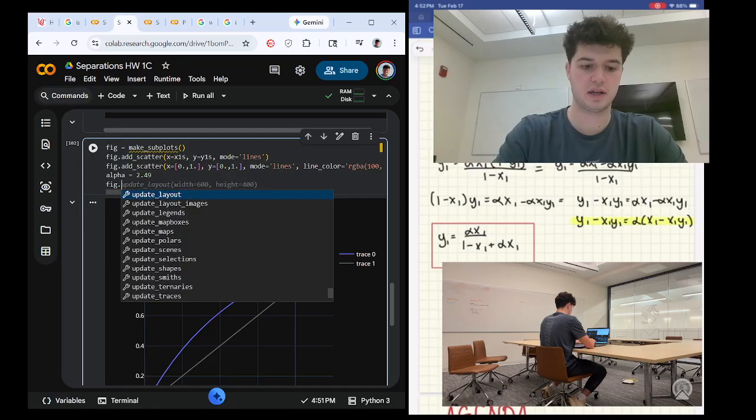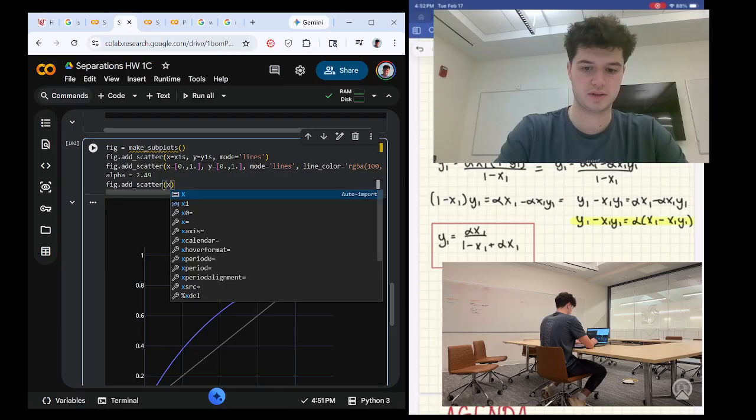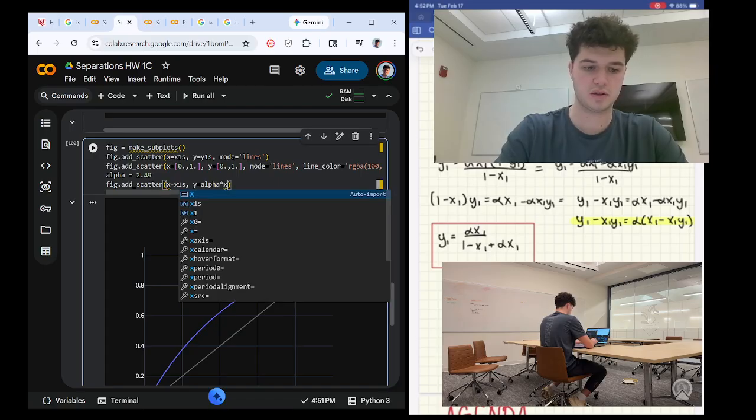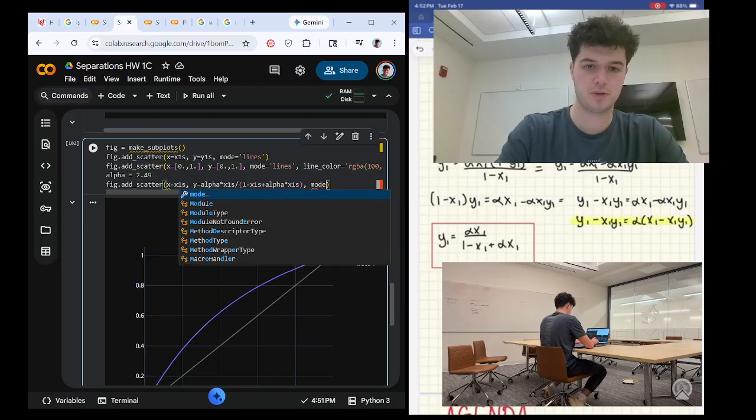So we'll do fig.add_scatter, which will do x equals x1s, y equals alpha times x1s divided by, and then again, remember your mode.